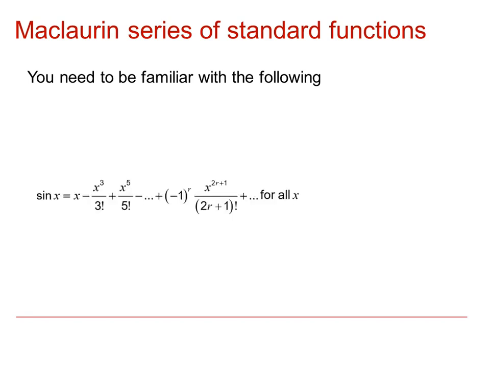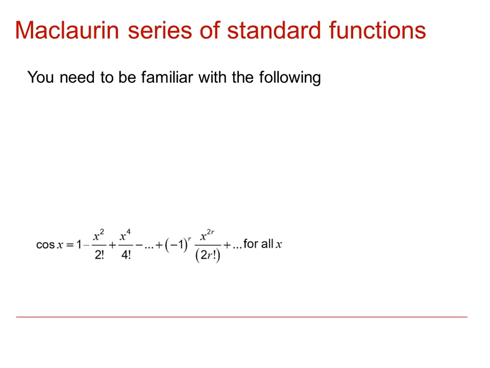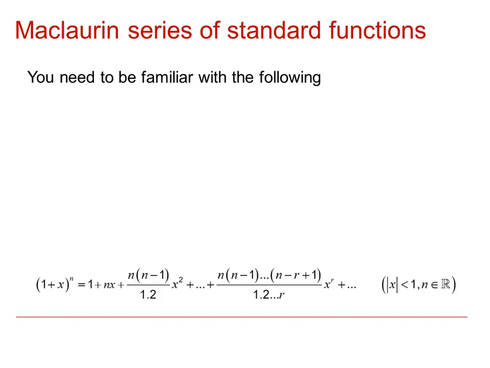Sin x, the one that we've met, has the odd powers, and cosine x has the even powers divided by the factorials. There's another one which is 1 plus x to the power n.